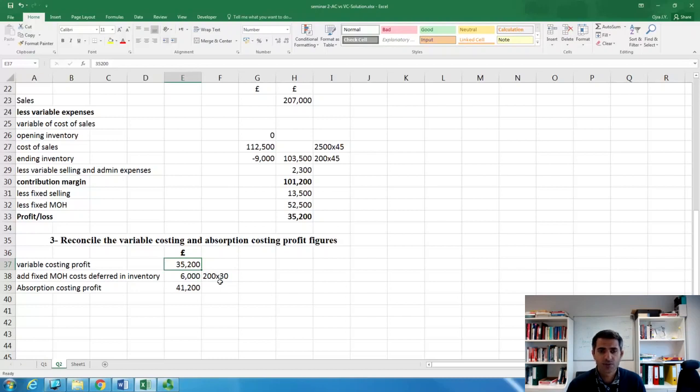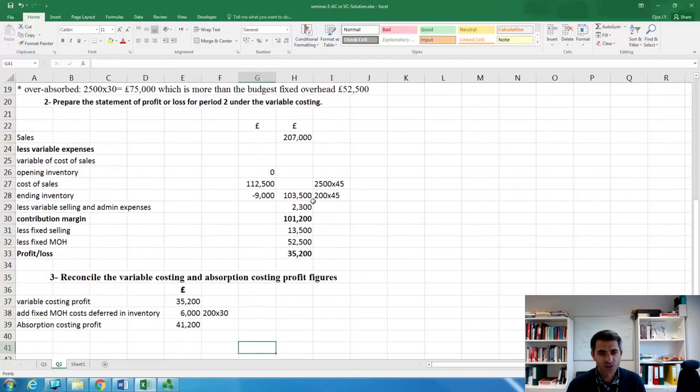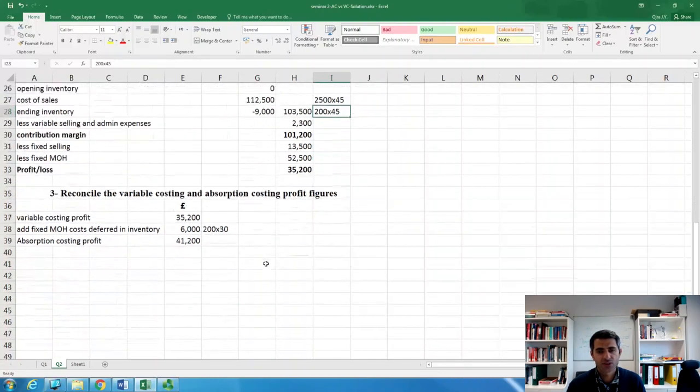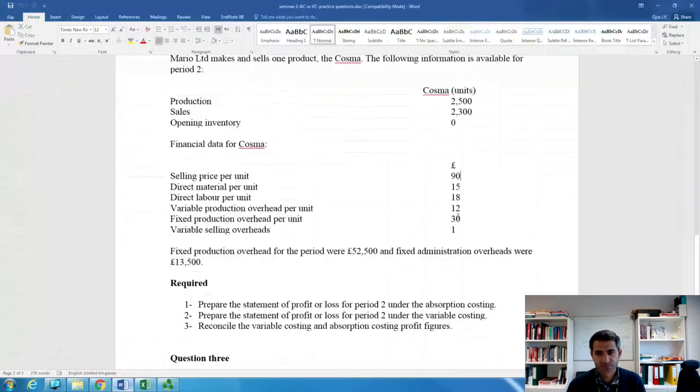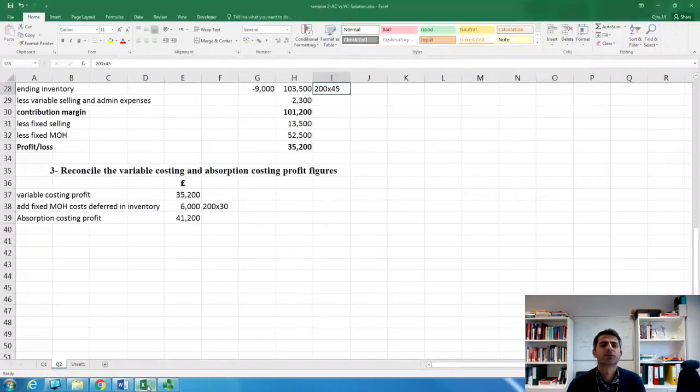And how you do it, you need to find out the closing inventory, and the closing inventory in units is 200 units left from the inventory, and this you need to multiply by the fixed cost element, which is £30.